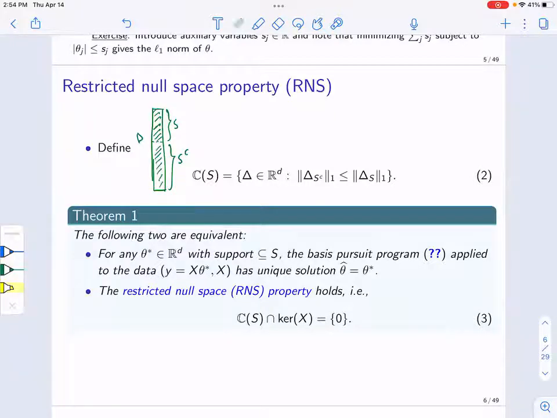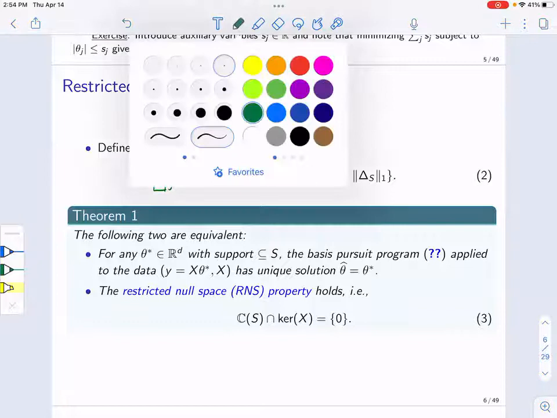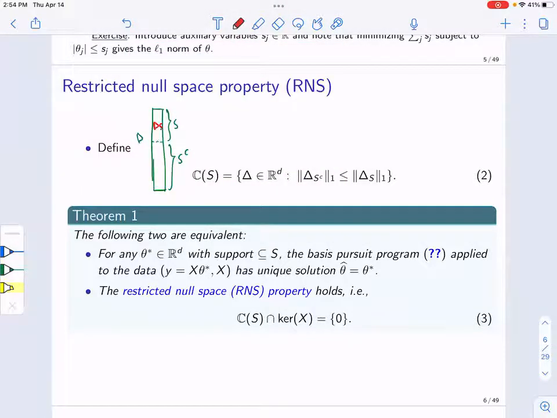Delta S would be this part, and this is delta S complement. These are subvectors. You can imagine S being a small subset and S complement a big subset, so you want the L1 of the big part to be bounded by the L1 of the small part.